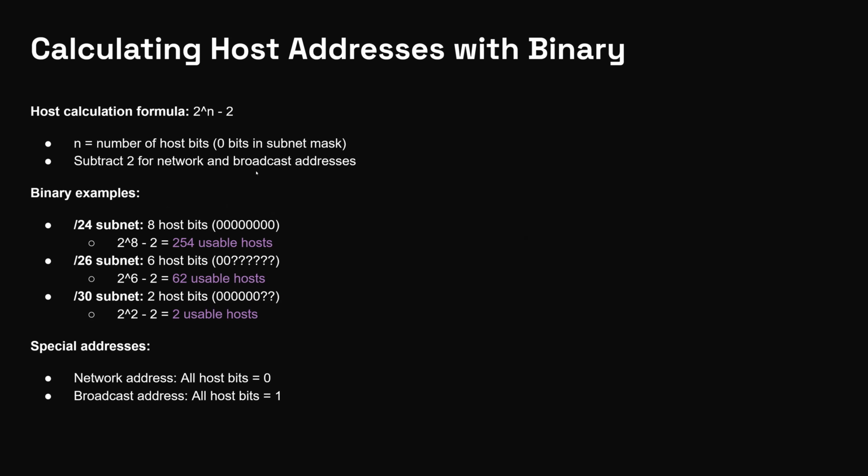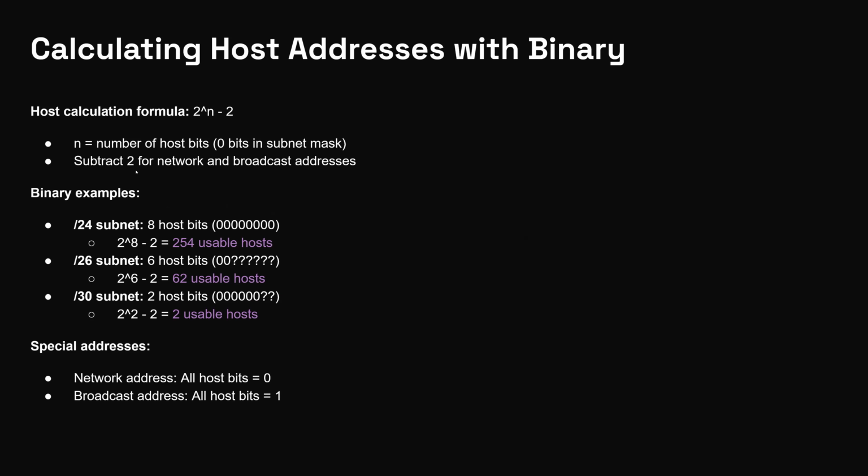Then your broadcast address: when your telephone, your computer, or anything connected to that subnet sends out a broadcast, it'll send traffic to that 255 address if you're in a /24 network. So that is not a usable address. That's why we subtract 2.